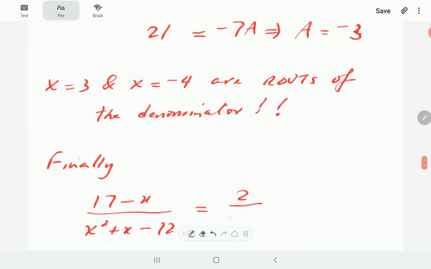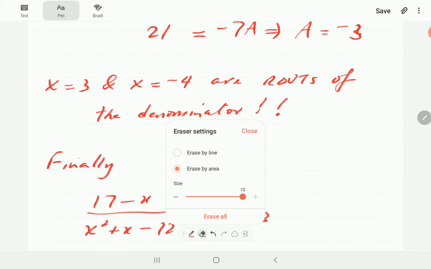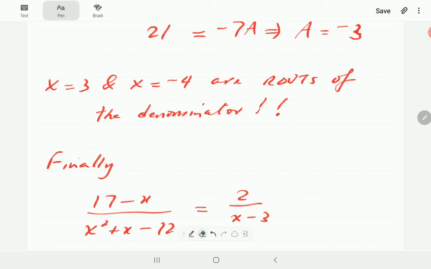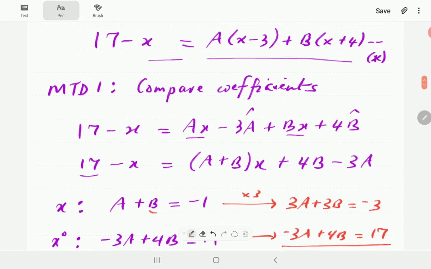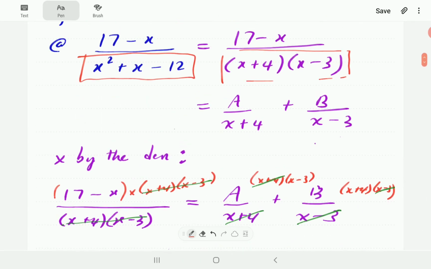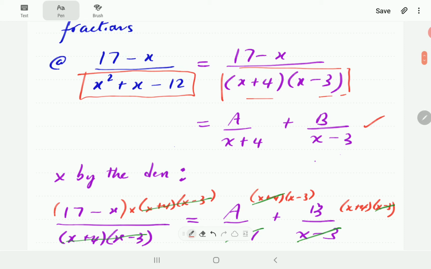It's going to be 2 over x minus 3, and then minus 3 over x plus 4. So I've just plugged those into this starting expression there.